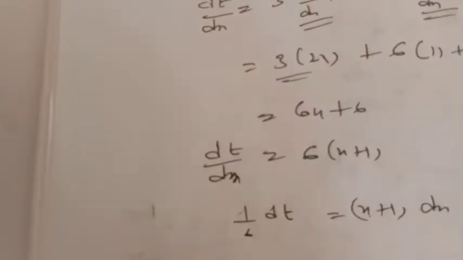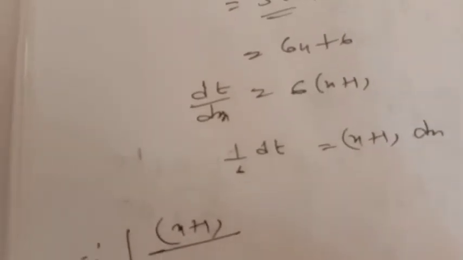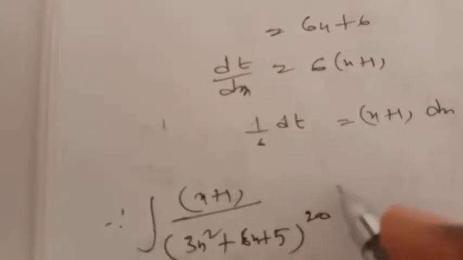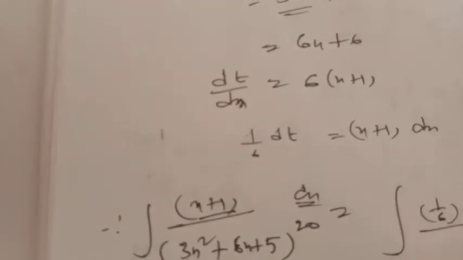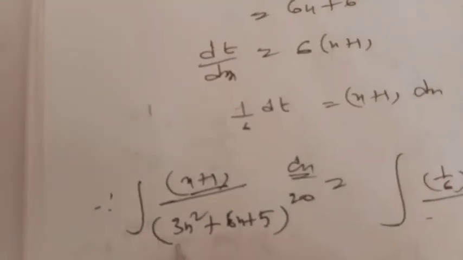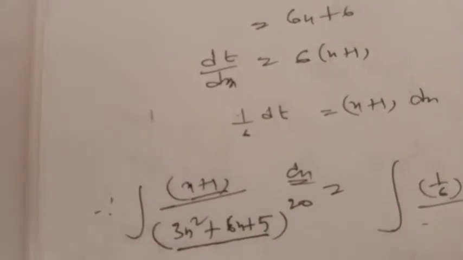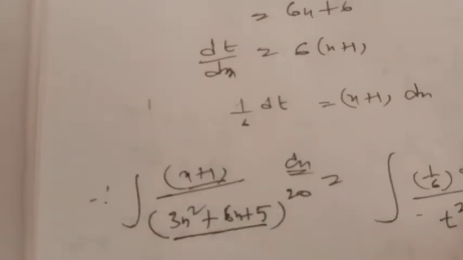Here substitute these values in the given problem, that is integral of x plus 1 by 3x square plus 6x plus 5 whole power 20 into dx, where x plus 1 into dx equal to 1 by 6 into dt, and 3x square plus 6x plus 5 equal to t power 20.